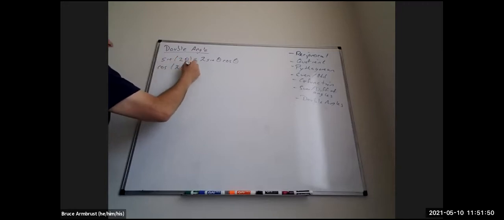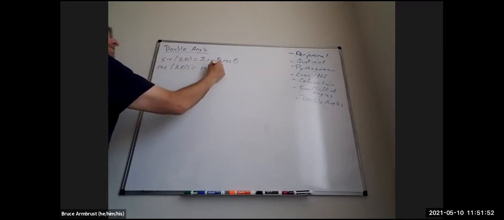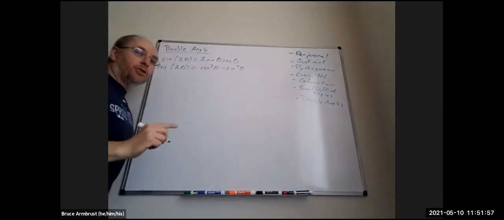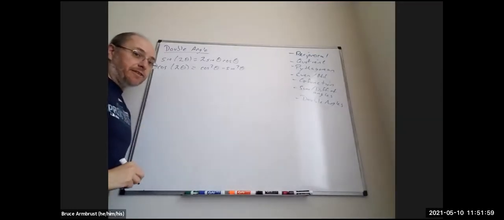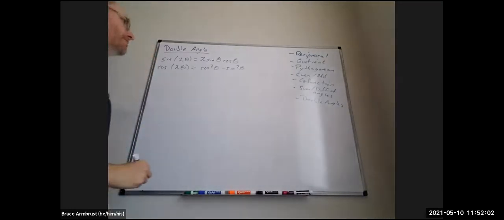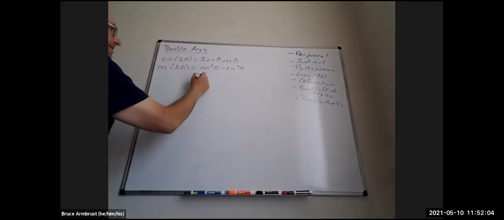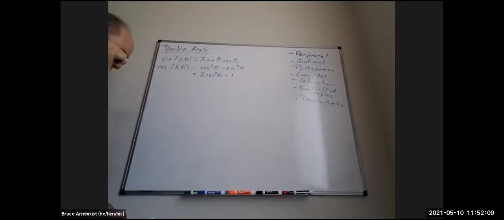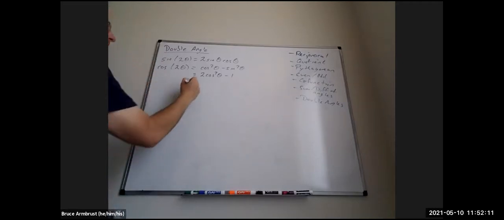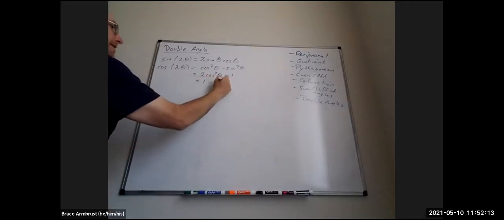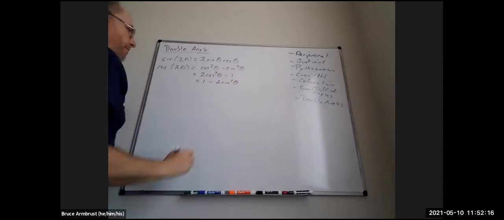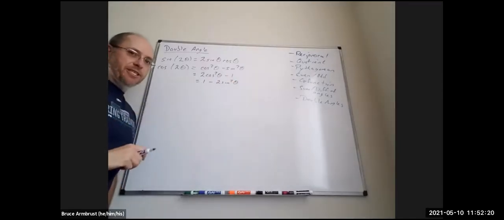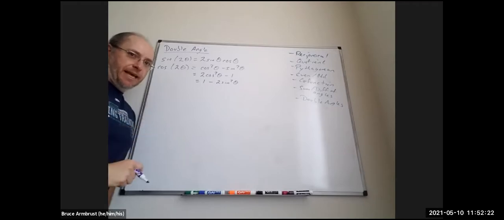The cosine turned into cosine squared minus sine squared. But there were two other alternate versions we could use if we use the Pythagorean to substitute in. One of them was 2 cosine squared theta minus 1, and the other was 1 minus 2 sine squared theta.